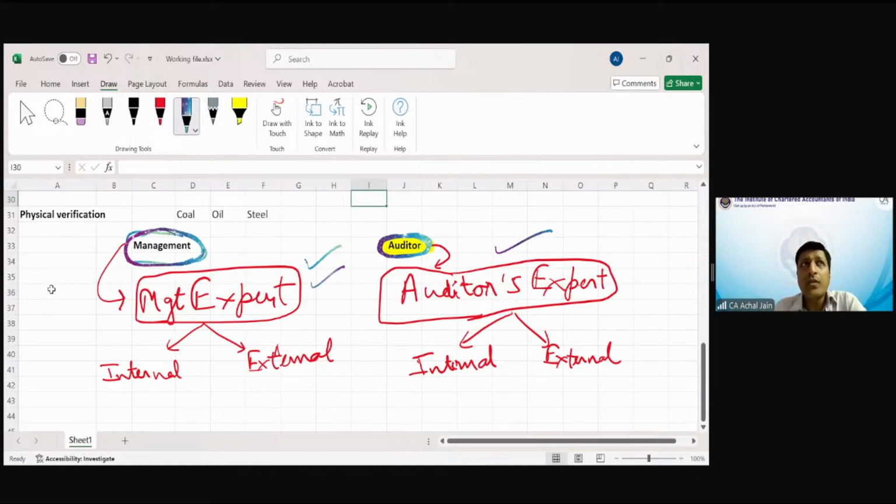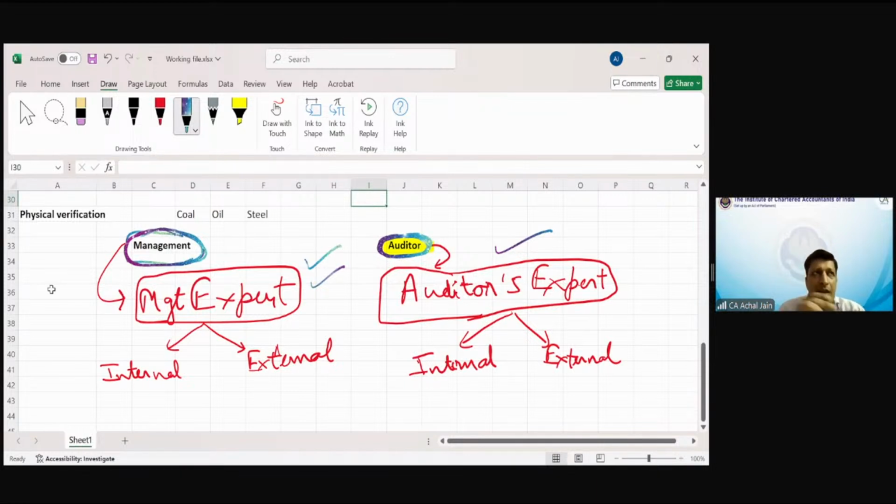If you talk about physical verification of each and every item, then the auditor may end up spending 365 days doing that. And even then it may not get completed, because the inventory will keep changing. Inventory will not remain constant because the company will have to keep running its business also. Yes or no? The business will not be stopped.